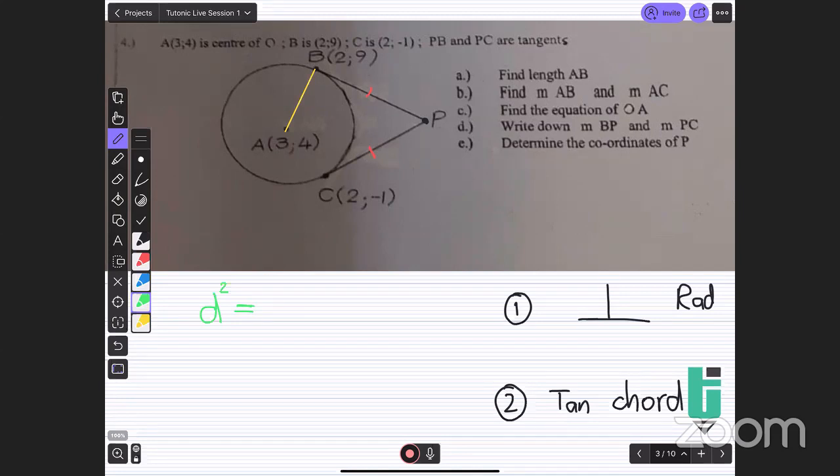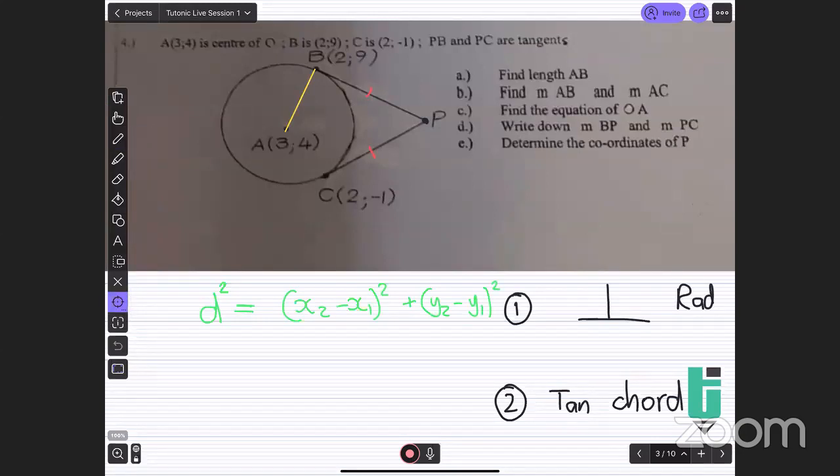Okay. So the way I remember this equation is that I say d squared equals the difference between the x values squared plus the difference between the y values squared. That's an easy way to remember it. You subtract the x values squared, subtract the y values squared, equals d squared.